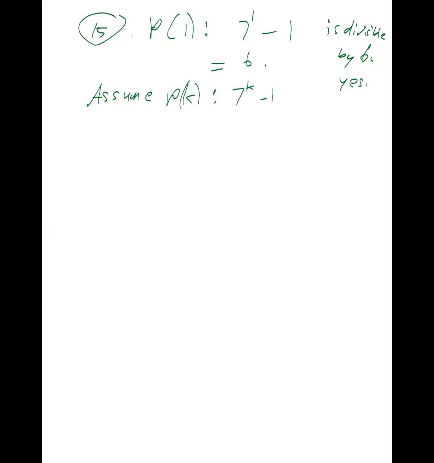When something is divisible by 6, that means you assume there exists a number, I'm just going to say the number n, there exists a number n that's an integer, such that the number you're talking about is a multiple of 6. So basically, the statement PK is that 7 to the K minus 1 is divisible by 6.